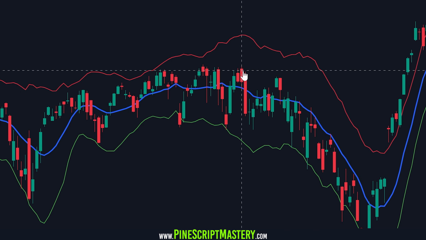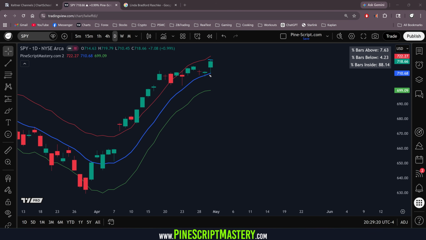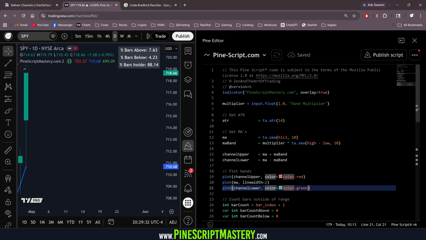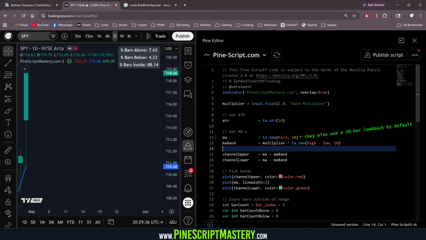This indicator is using the 10-bar moving average of the high minus the low, added and subtracted from our central moving average. The traditional modern-day Keltner bands work slightly differently. First of all, they use an EMA instead of an SMA. And second of all, they use the ATR value instead of the high-low range moving average.